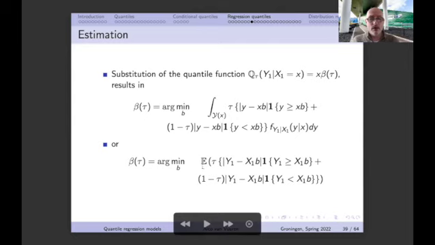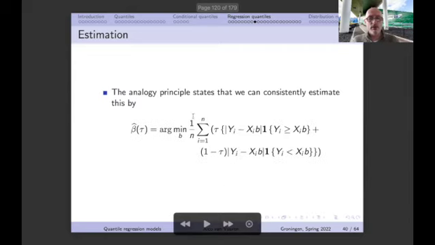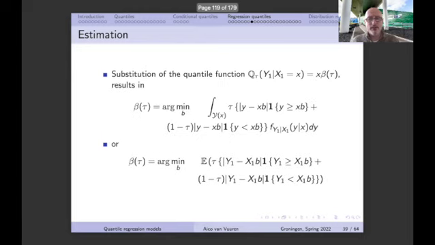That means no expectation, but we're going to have a summation. We're going to sum over all the observations that we have, and we divide by n in order to get this thing that we have over here. And now we can do exactly the same thing as what we did with respect to the quantile itself. This thing that we have over here is a sample mean, so it's going to converge to its corresponding population mean, which is by definition equal to this thing over here.